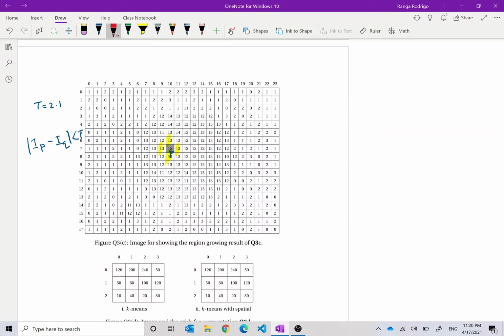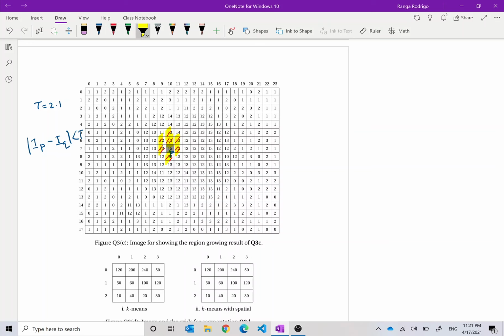So they get segmented. Then take each one of them on the boundary and see their neighbors. So 13. Let's take the neighbors of this pixel. 13, 13, 13. They all do not have a difference more than 2.1, therefore they all get segmented.